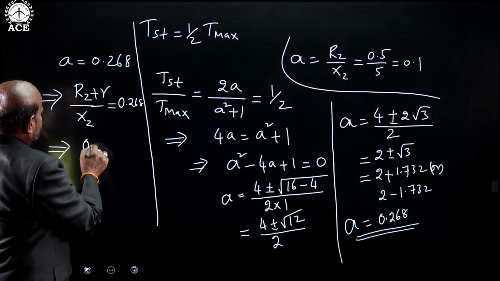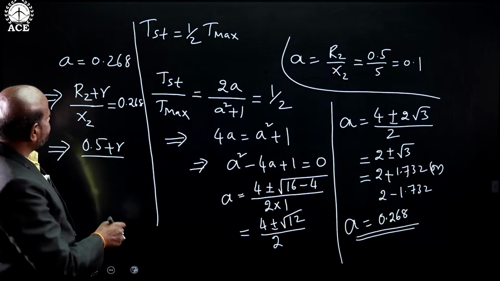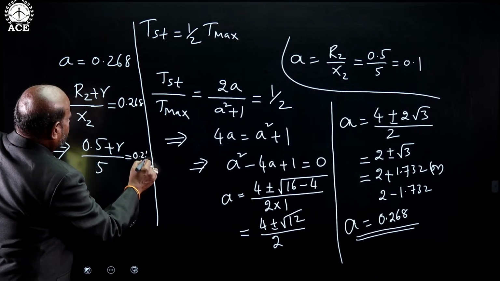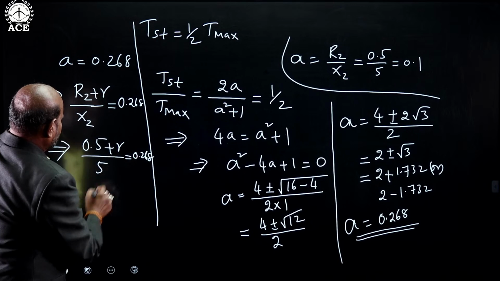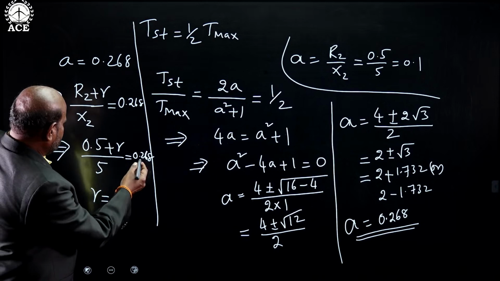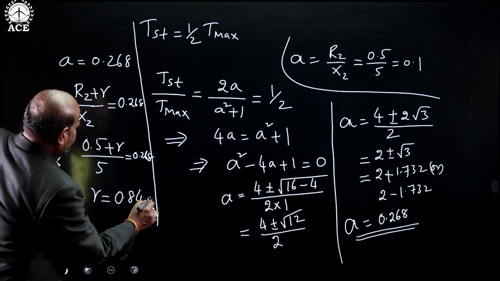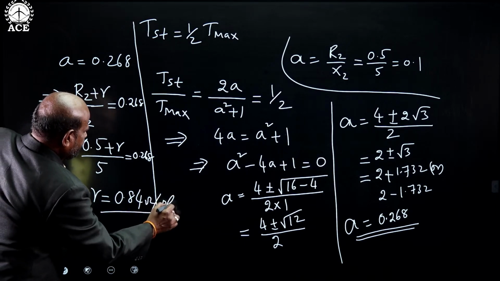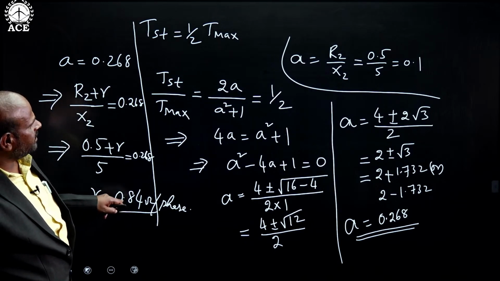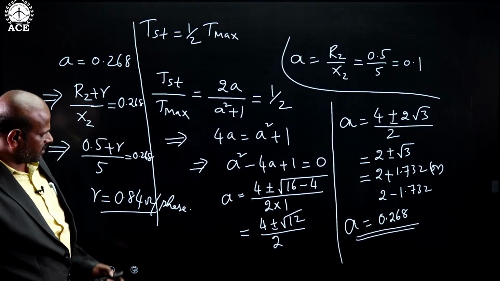Now what is R2? 0.5 plus R by capital X2, which is 5. Solve for R. What is the value of R we are going to get? Solving, 0.84 ohm per phase. So this amount of resistance is to be added externally such that the starting torque will be equal to half of the maximum torque.